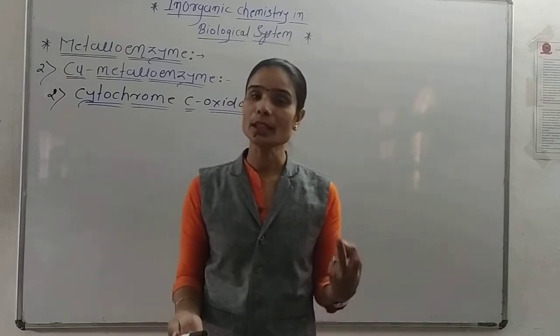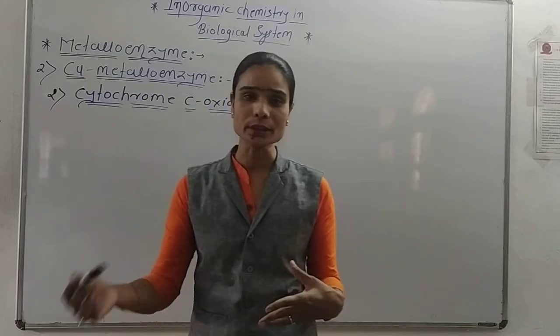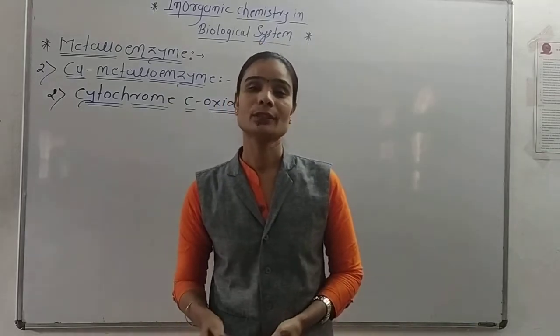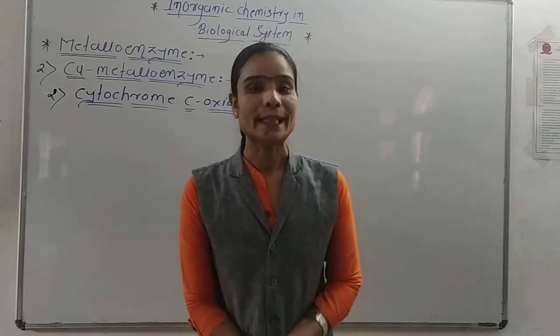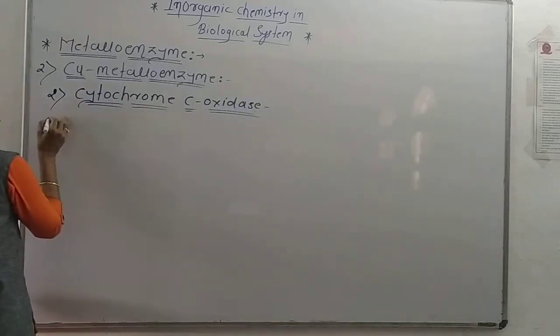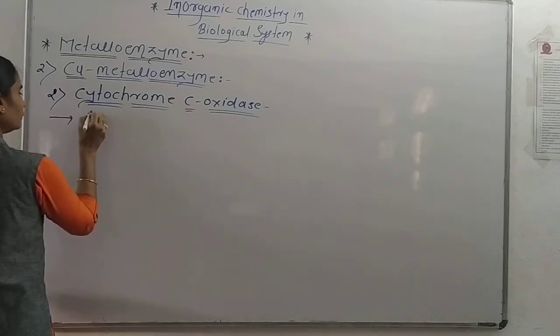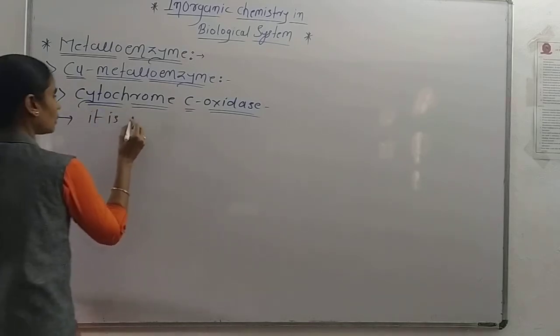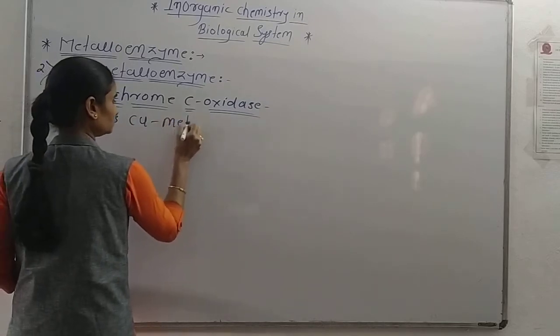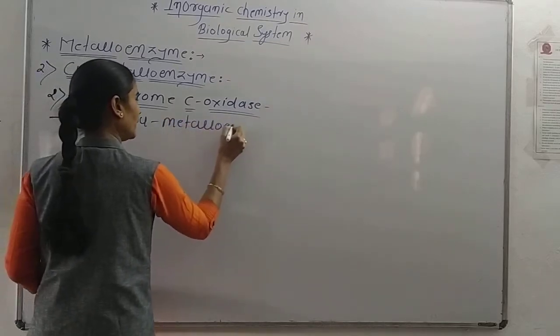It may have one metal atom, or it may have two or three metal atoms. So cytochrome C oxidase is a copper metalloenzyme, but its active site has two metal atoms.